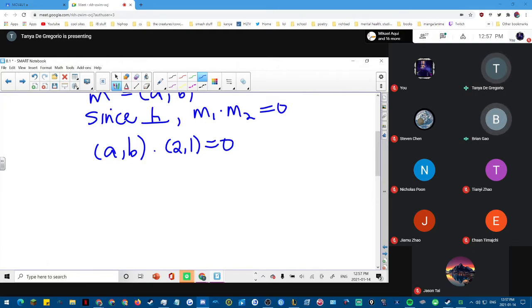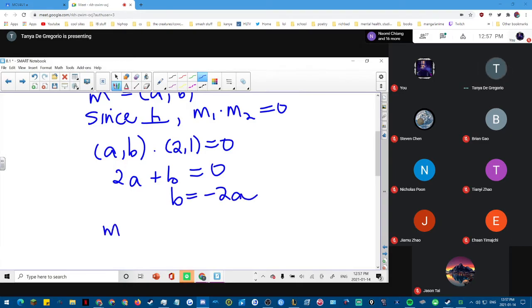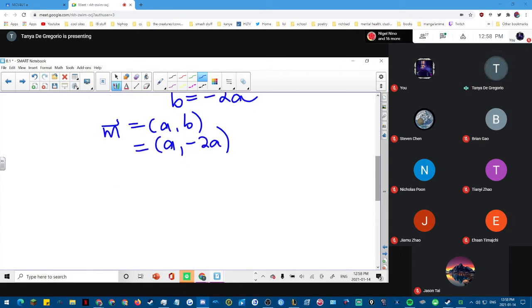You guys should know this. Yeah. 2A plus B equals 0. And then what I'm going to do is solve for B. So what I know now is, since M is equal to A comma B, I can say it's equal to A comma negative 2A.